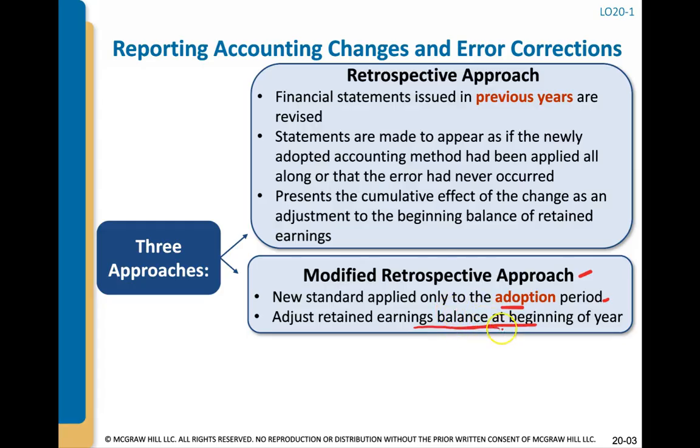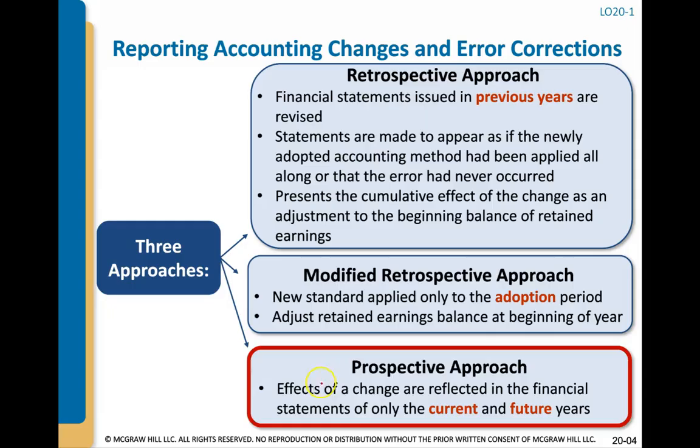You just change the beginning retained earnings for that adoption year, versus when you have a change in accounting principle, a voluntary change. Like if a company changes their inventory methods, then they would have to use the retrospective approach.